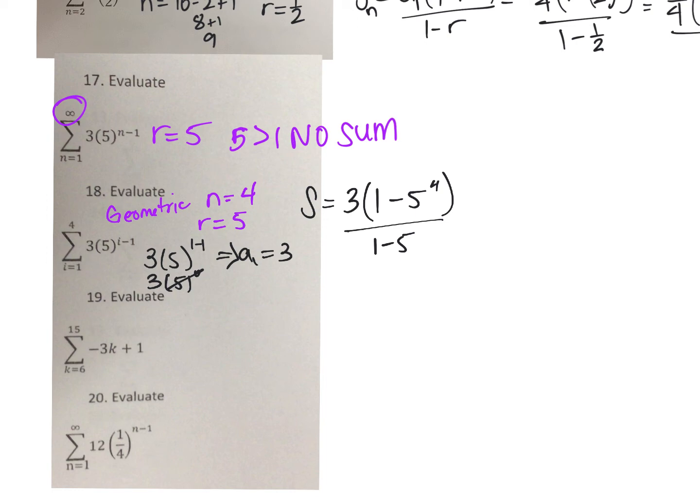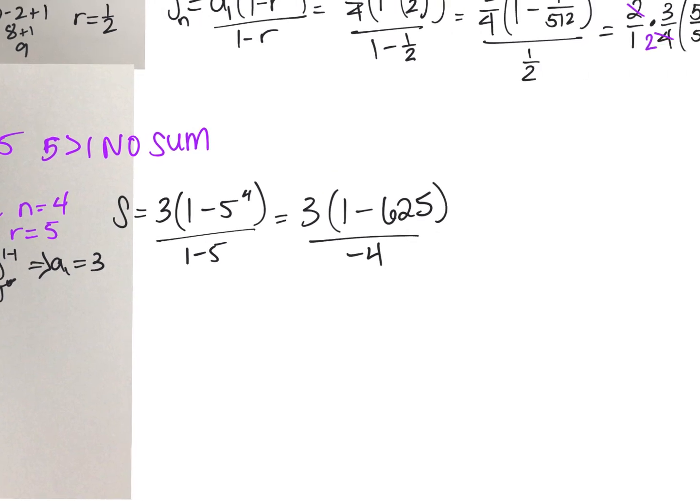I like this formula usually because it doesn't require me to plug in the top to find an. I especially like this with fractions. I think it makes the fractions easier to deal with because it's that 1 minus the fraction, which is an easier common denominator issue. So we get 3 times 1 minus 5 to the 4th, 625, over negative 4.